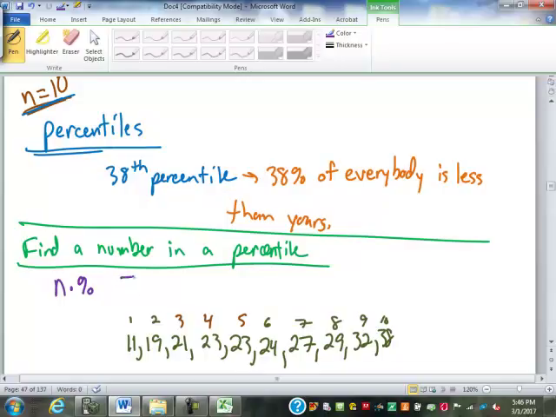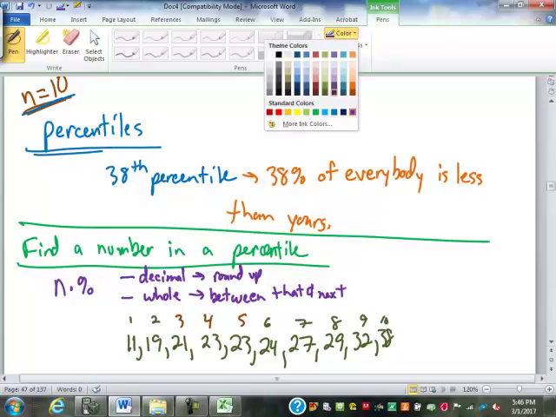And just like before, if it's a decimal, round up. If it's a whole number, then it's between that one and the next one.